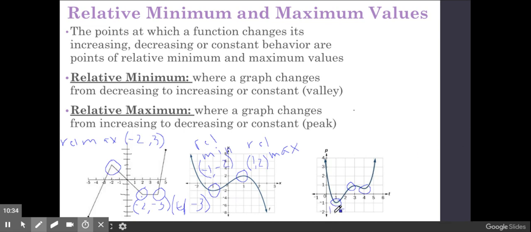So (1, -1), as well as (4, 1). So these are our relative minimums. And then right here at about (3, 1) is our relative max, because we're going from increasing to decreasing.